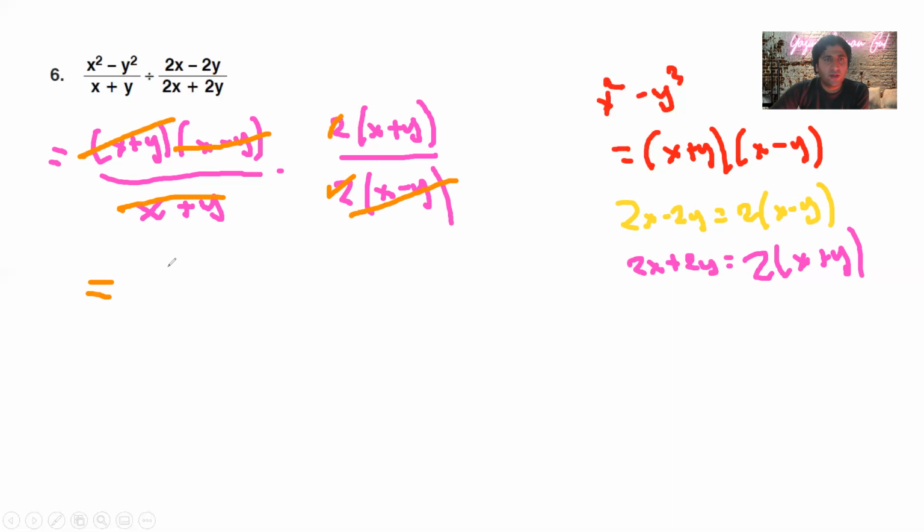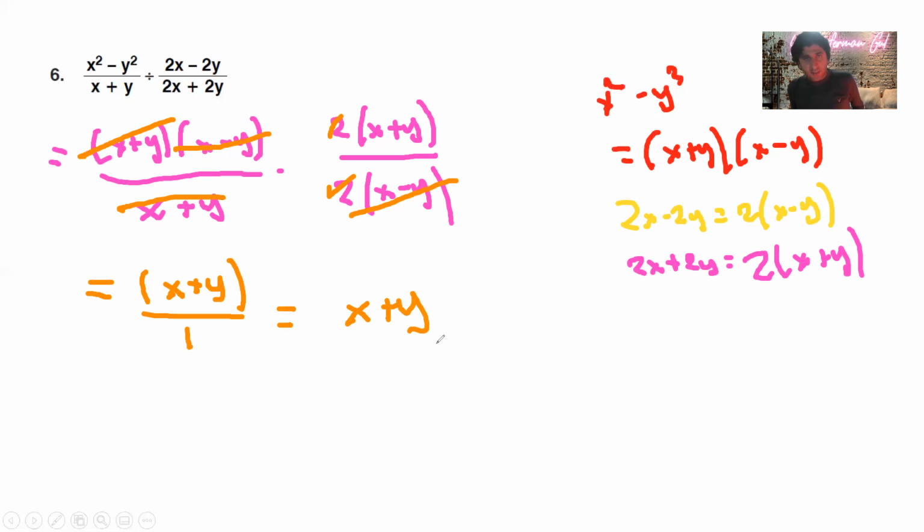Then what is left on top is x over 1, which equals x plus y. So that is going to be the answer.